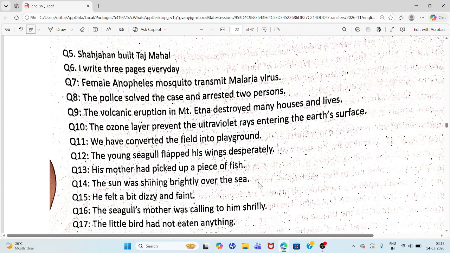Answer: In passive voice, the sea was brightly shone over by the sun.